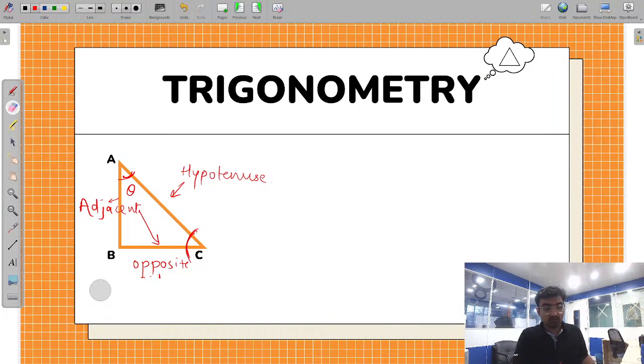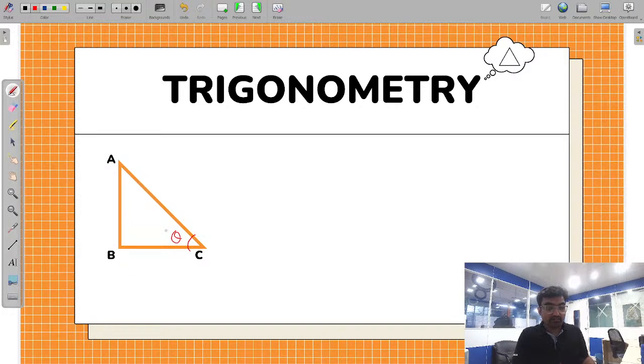Okay, so now you know. Now we'll get back to the normal. Angle C is theta. For this theta, BC is the adjacent side, I'll write it here, adjacent side, and this is the opposite side, correct? Right. And this third is the hypotenuse. Clear? Now we'll look at the ratios.